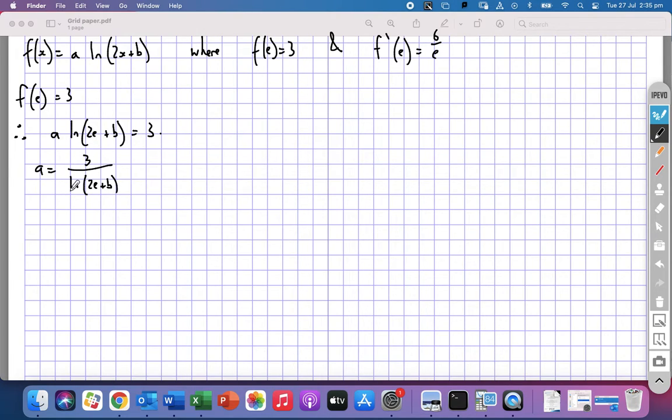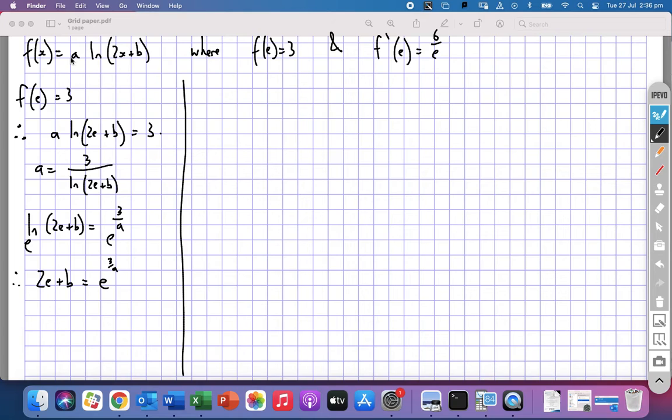Or from there we could say log of 2e plus b is 3 divide a, and then get rid of that log by making it a power of e. So therefore 2e plus b has to equal e to the power of 3 on a. I'll put that aside for 1 minute.